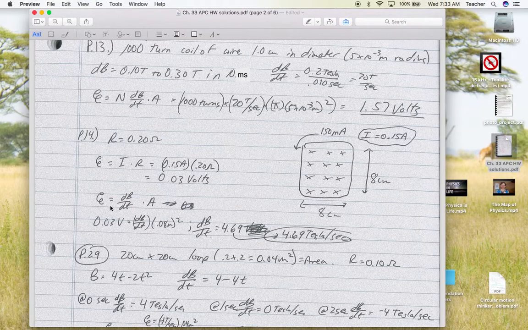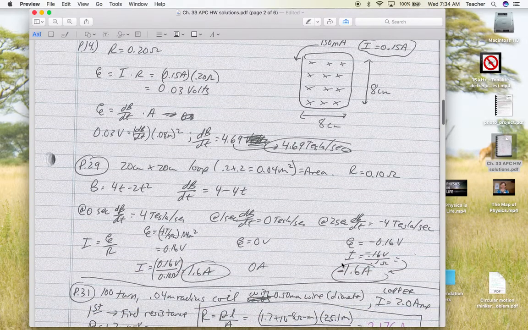That voltage, known in magnetic circles as an EMF, is going to equal dB/dt times area. I know the area, and it's not 0.08 meters squared, it's (0.08 meters) squared. So I take the voltage divided by that, and I get the rate at which it's changing.